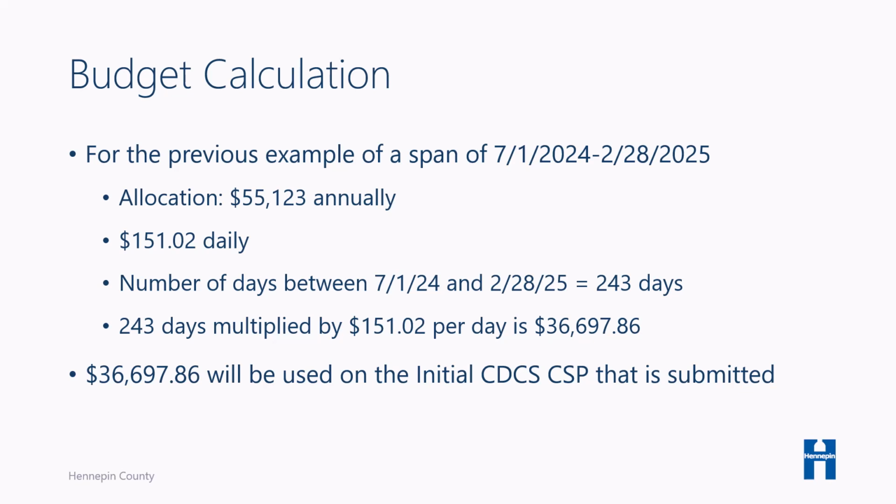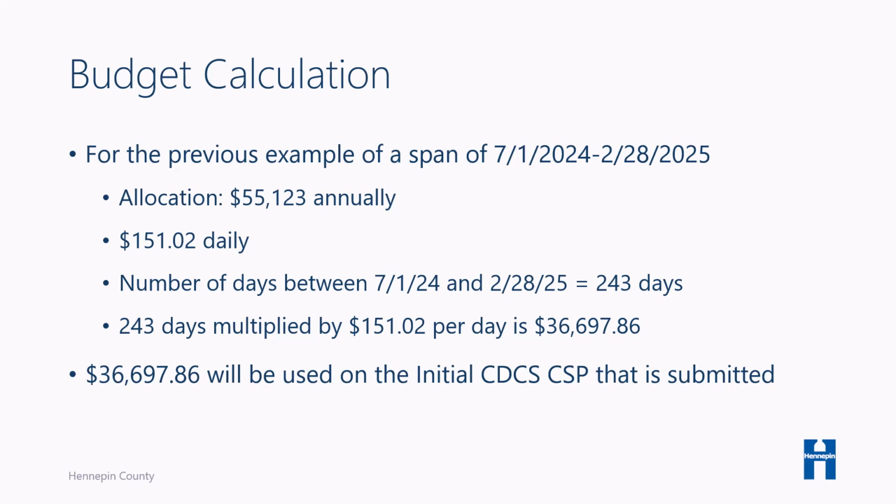The total allocation is $55,123, which divided by 365 is $151.02 daily. The number of days between 7/1/24 and 2/28/25 is 243 days.